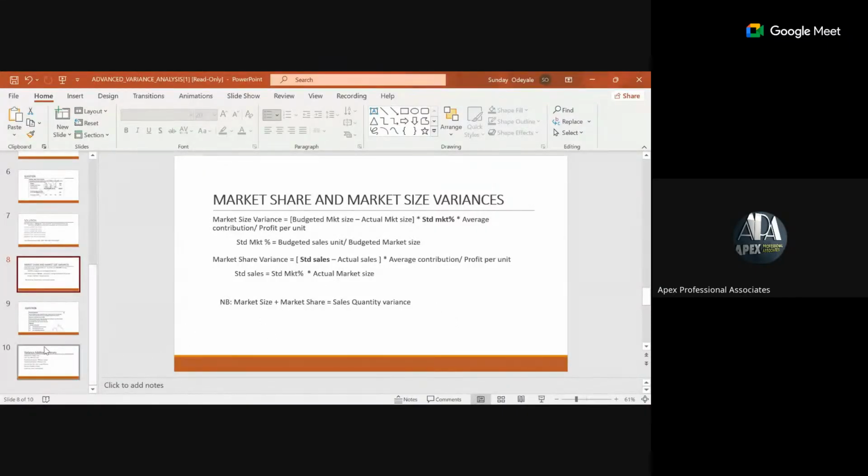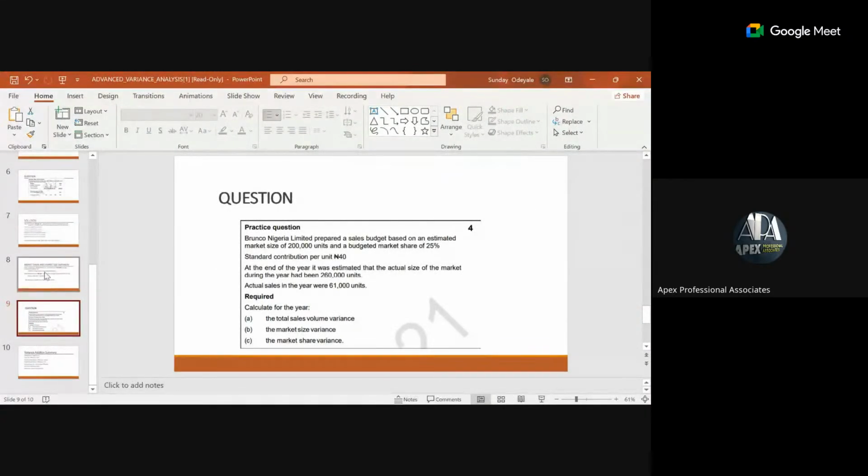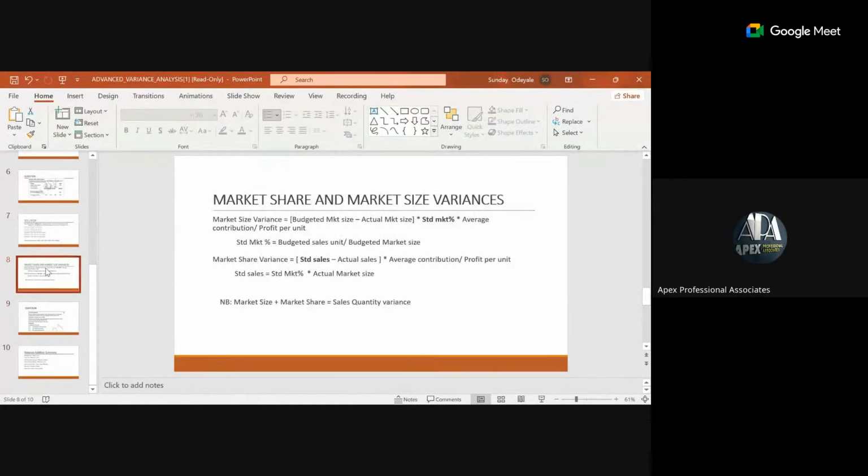So that is that about the two markets. Now note again, I said the market size and the market share variance will give you sales quantity variance. So these two should give you your sales quantity variance when you add the two of them together.